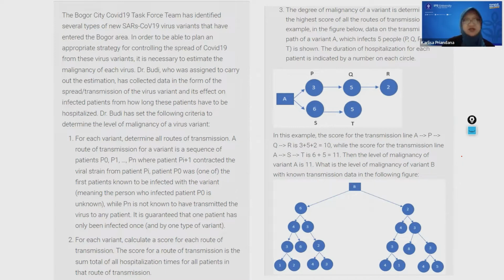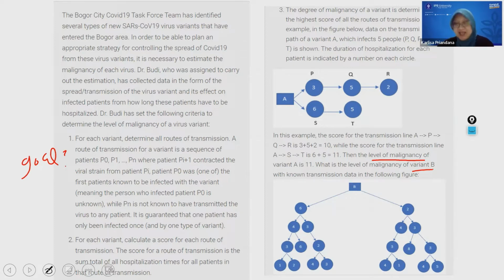First you have to know the goal. What is the goal? The goal is to know the level of malignancy of a certain variant, which is variant B.